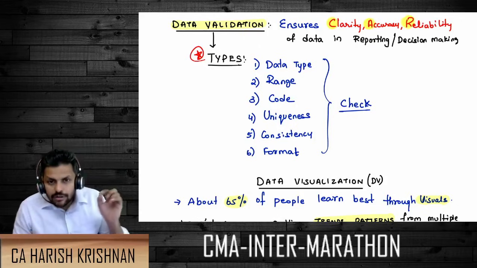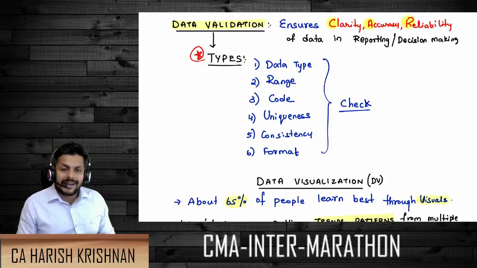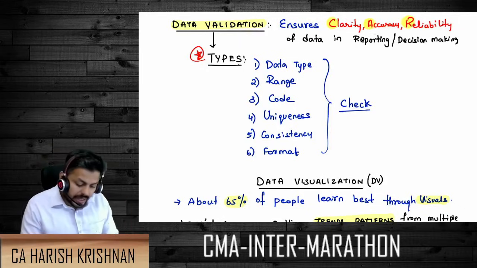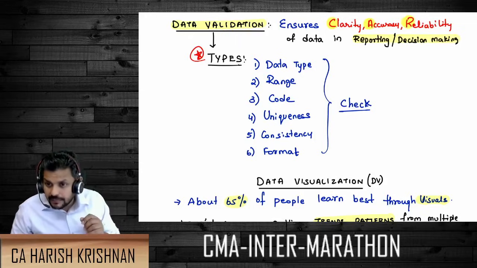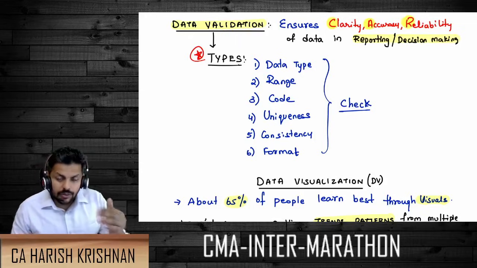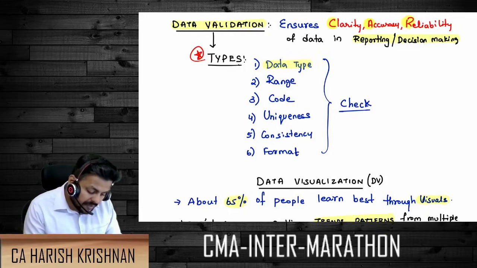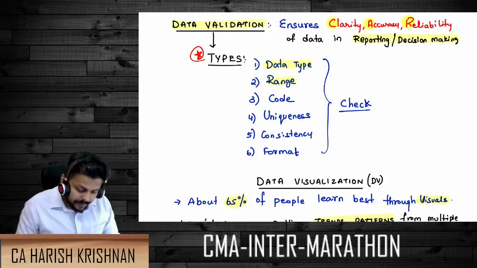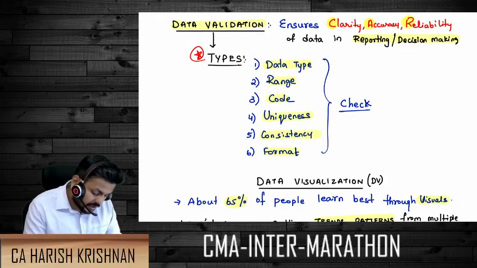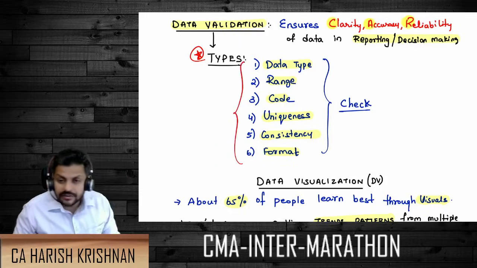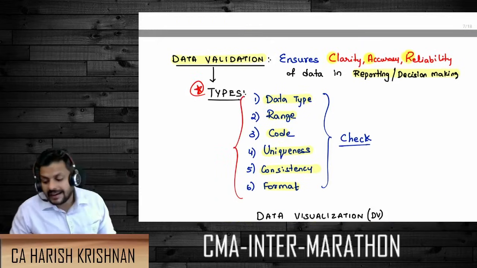That is, it ensures the clarity, accuracy, and reliability of the data in reporting or decision making. Remember, this has come in the exam as a question. This one you can see here. The data type check, range check, code check, uniqueness check, consistency check, and format check are the 6 types of checks that are done in data validation.